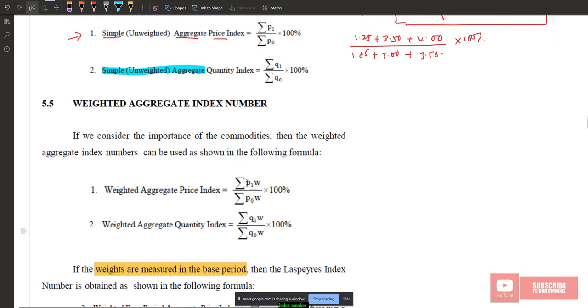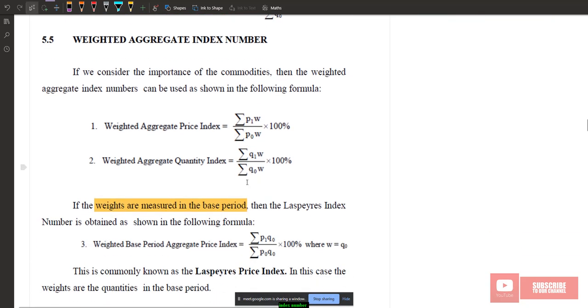So now we look at the weighted aggregate index number. The general formula is we need to multiply the sum of P multiplied with weight divided by the sum of P naught multiplied with weight, right?